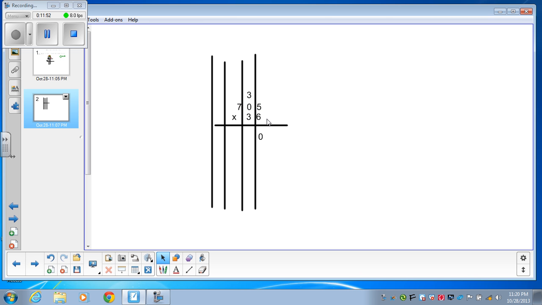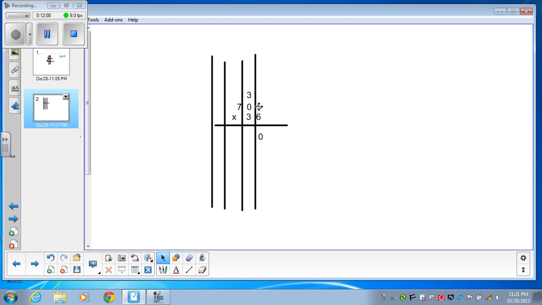Now what do I multiply the 6 by? I'm putting this cursor over top of the 5 to show I already multiplied 6 by 5. What's the next number I need to multiply it by?